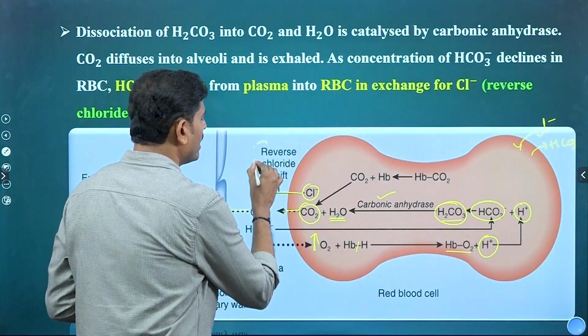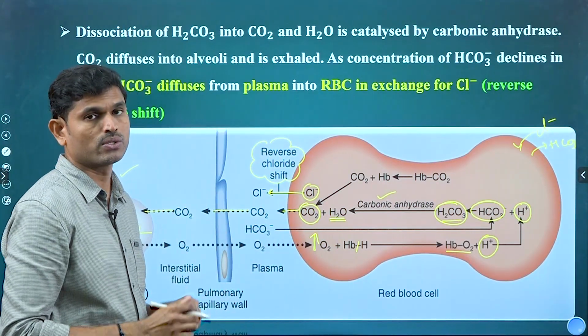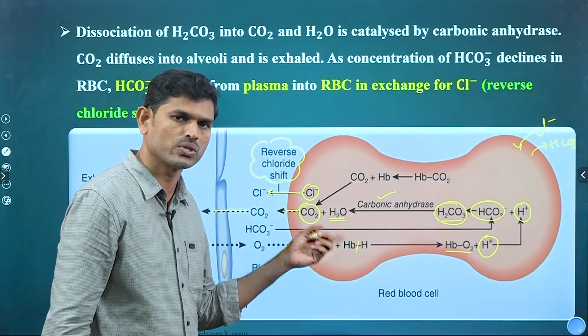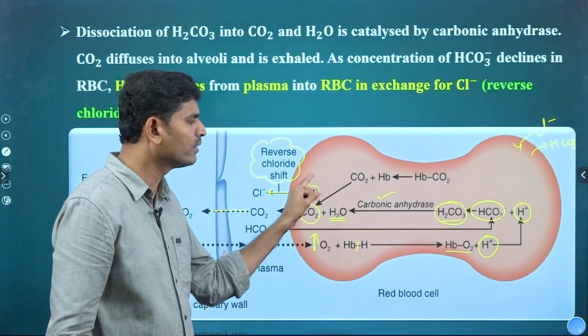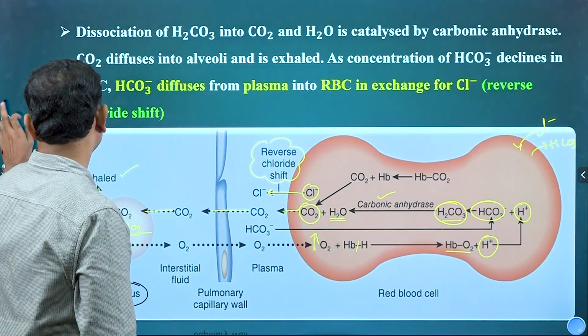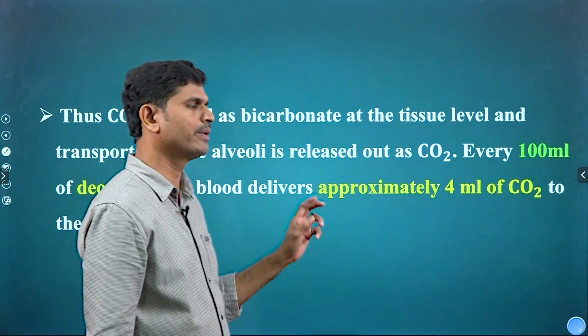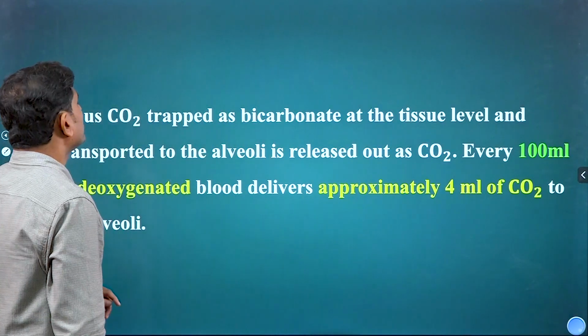This is called the reverse chloride shift. So chloride shift occurs at the tissues, reverse chloride shift occurs at the alveoli. Okay, next slide. This is a little extra information, chloride shift and reverse chloride shift, but related to NCERT.